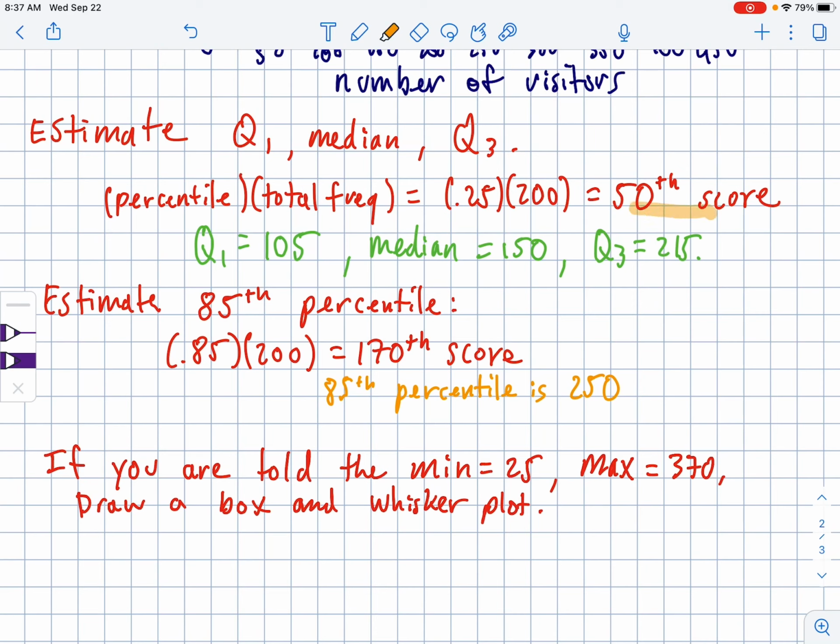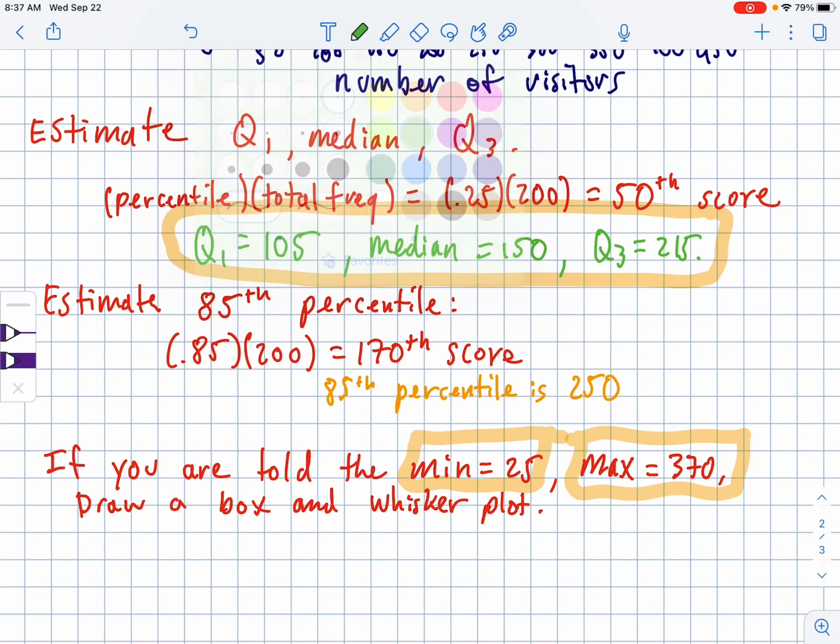So for the box and whisker, we already know from up here what the three middle things are from the 5-number summary, but then if you add this to the bottom and this to the top, those are the 5 things you need for the box plot.